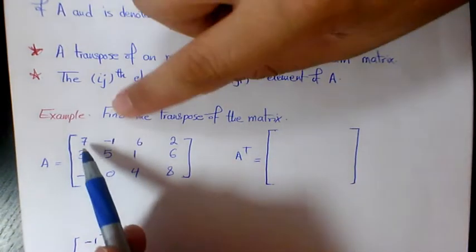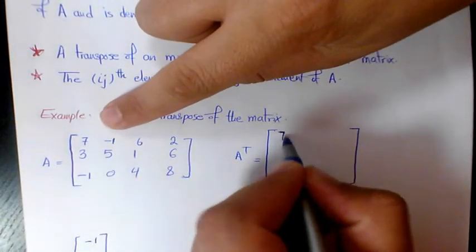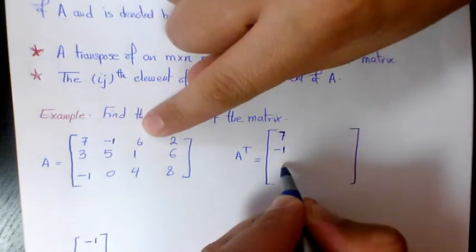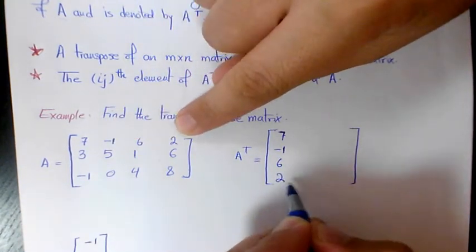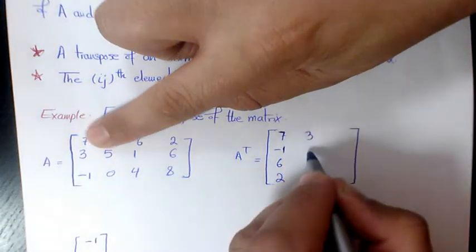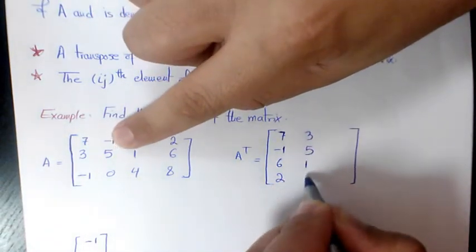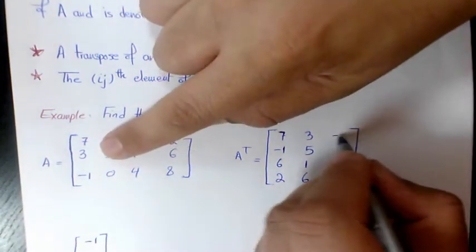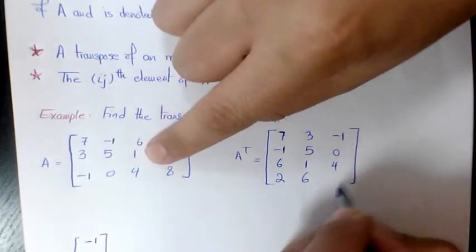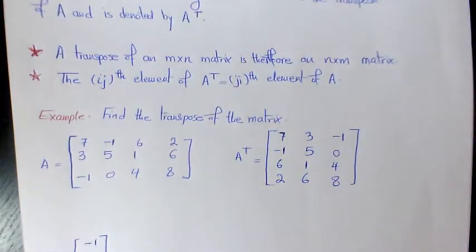So I'm going to have 7, -1, 6, and 2. Then we have 3, 5, 1, and 6. Then I have -1, 0, 4, and 8. So that's how we write the transpose of a matrix.